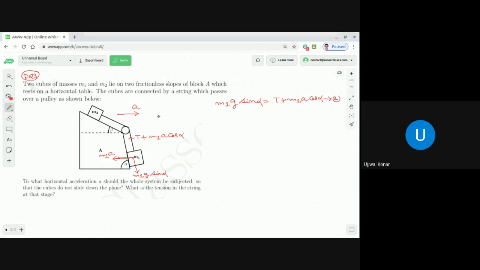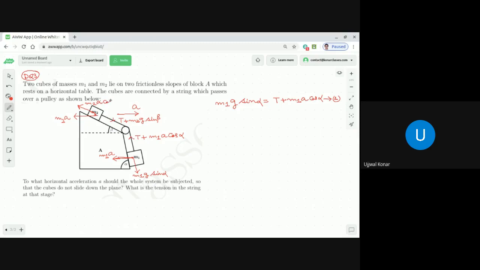Now let's look into the other object, m2. In case of m2 also, this will be m2 into a, and the tension is this one. So the force we get here is T plus m2g sine beta, and along this direction we get m2 into a into cos beta.